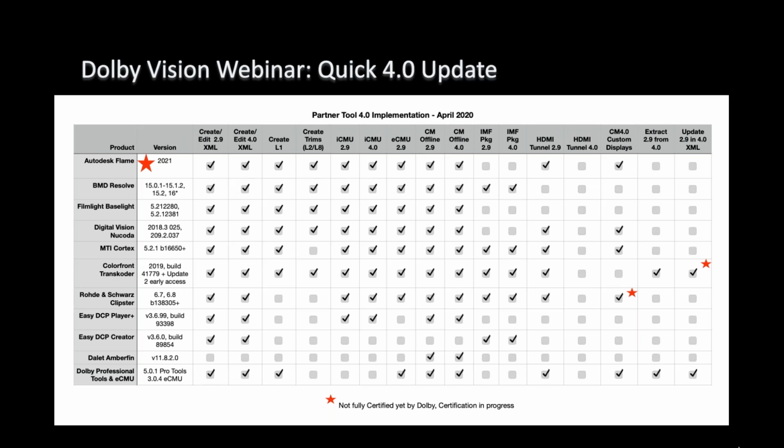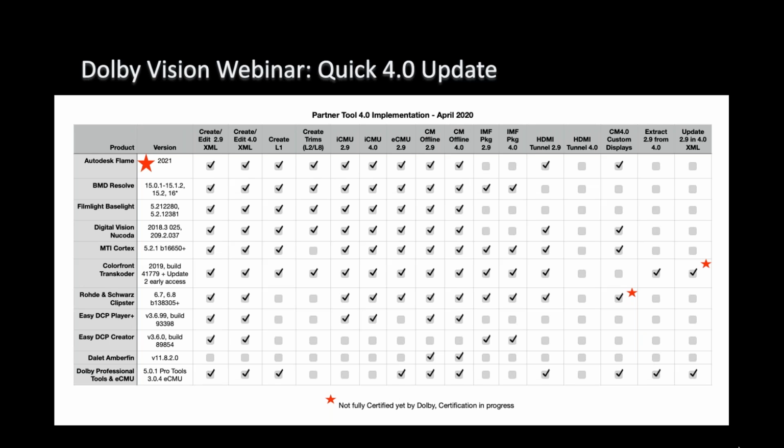It also has a fully integrated Lustre color correction system. ColorFront has added some new functionality in Transkoder that allows you to update a 2.9 XML to 4.0, basically using Metafire, so you have to have Metafire on your system. And Rohde & Schwarz Clipster is also going to be releasing support for custom displays in 4.0. Gavin, could you just give us a quick overview of custom displays?